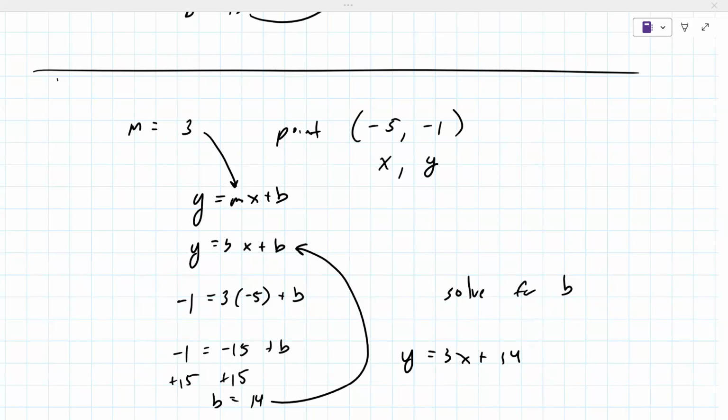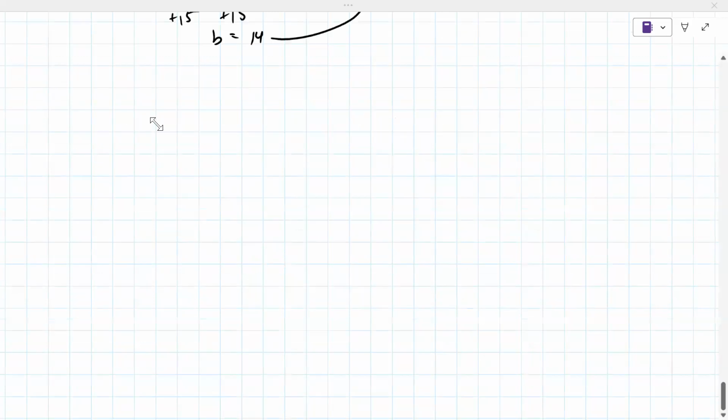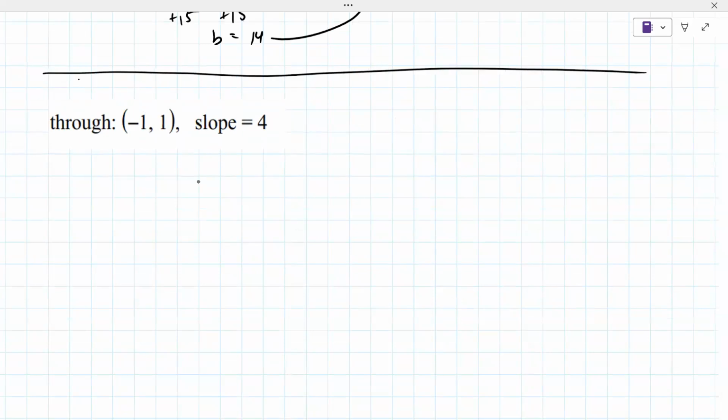All right, so here is one for you, one more standard. Here you go. Go ahead and work that out. Let me know if you have any questions.